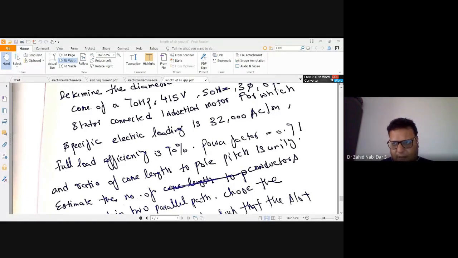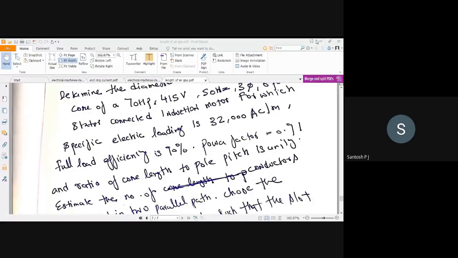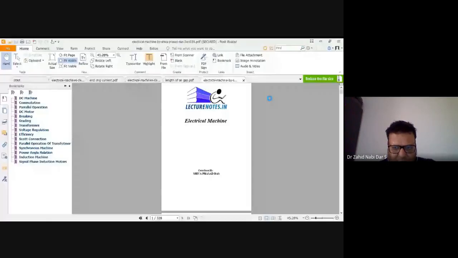All of you have solved, huh? Yes, sir. What about that shell type transformer also? I'll be putting it in one or two days. Today I'll put it, because on transformers, some of you had been to the class on output equation and main dimensions of transformers. One or two important problems are there in that, which we also have to see.